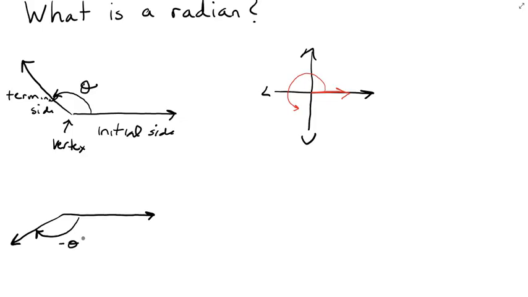Now, you are very familiar with degrees, and you've worked pretty much throughout your whole education up to this point in degree measurements. So, if I go back to our angles, and I start with my initial side here, and I draw an angle that is only this big, recall that we call these acute angles.